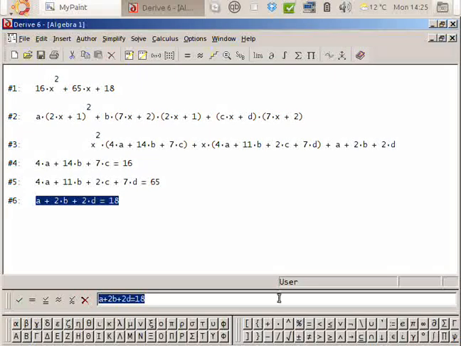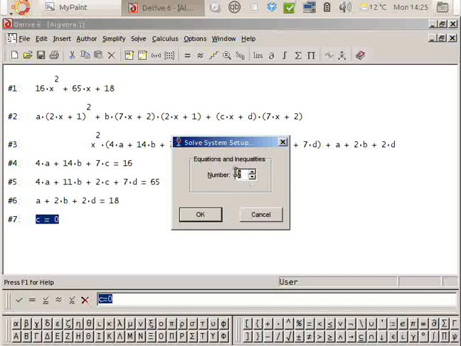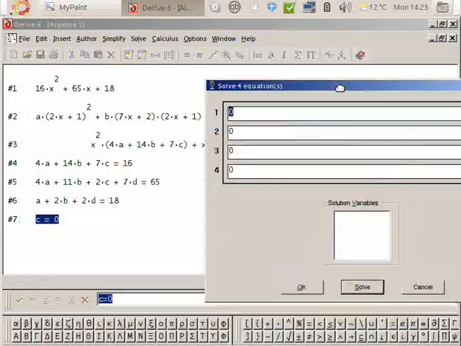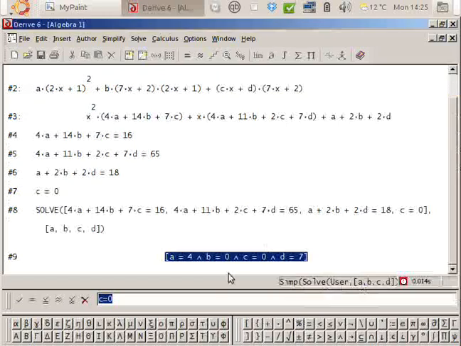So possibility number 1 is if C equals 0. Let's try and solve it. Solve system, 4 equations, 4 unknowns, lines 4, 5, 6 and 7. Solve. And I get my answers. But I don't think this is right, this is a B, and you can see C and D. What was my second choice?